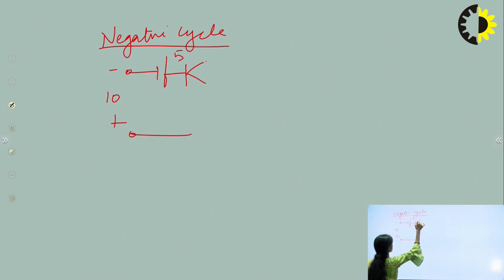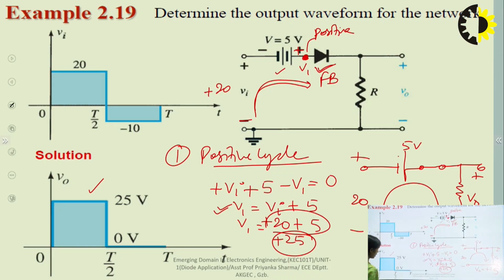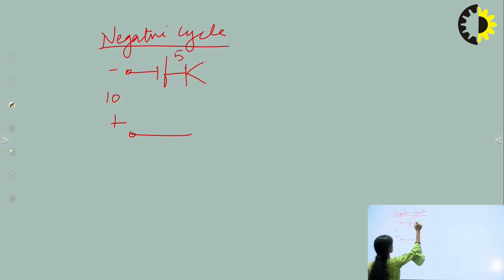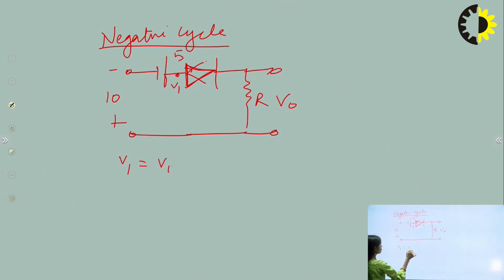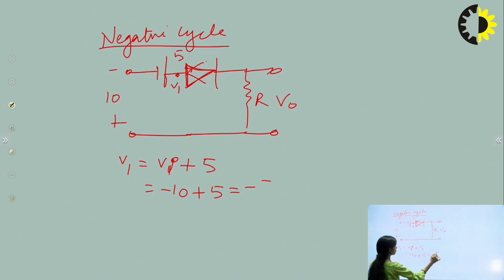This is the diode. The arrangement of diode I had taken, the positive is taken here, and this resistor is connected here. Now if we check V1 again, V1 is coming out to be Vi plus 5, but now the Vi here is minus 10 plus 5, so it is coming out to be minus 5.